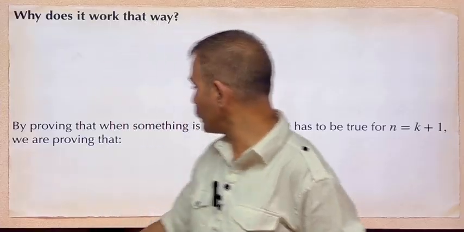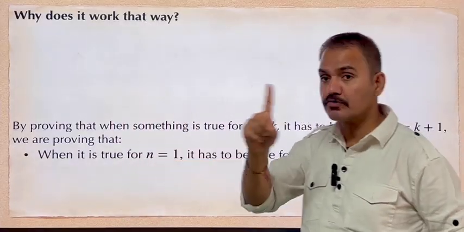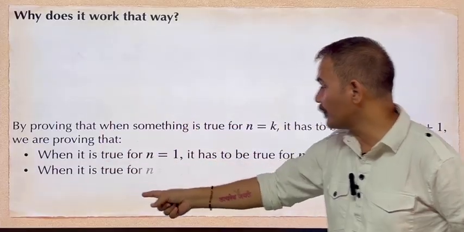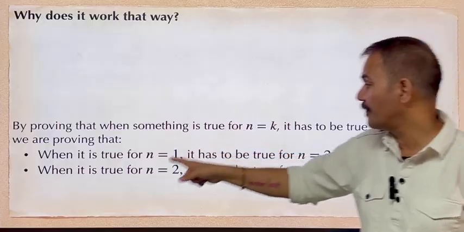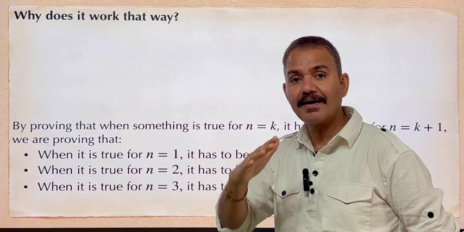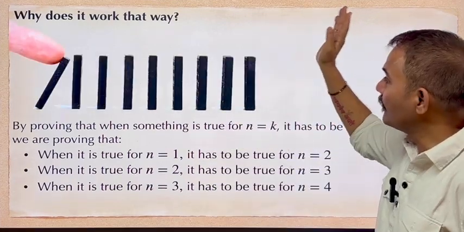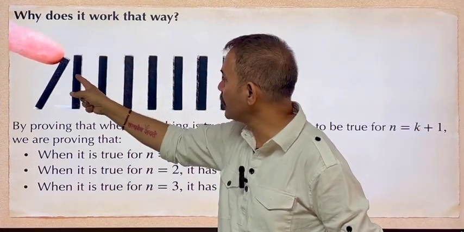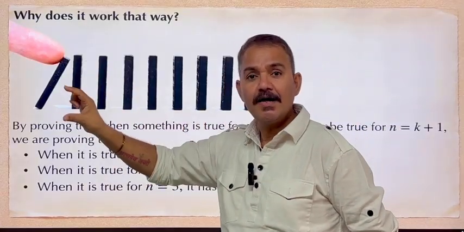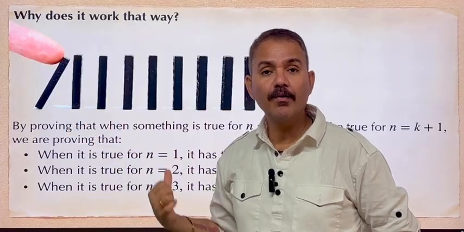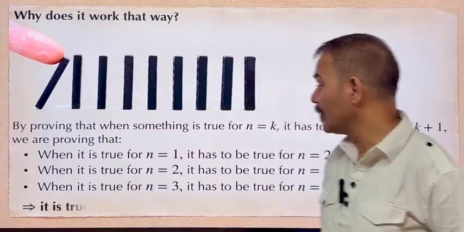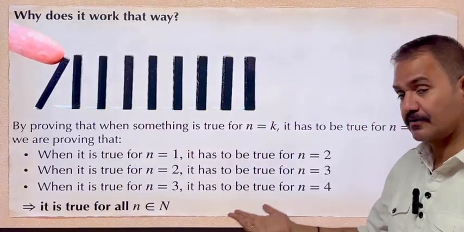If you are able to prove this, you are proving that when it is true for 1, it has to be true for the next number, that is 2. If it is true for 2, it has to be true for 3. If it is true for 3, it has to be true for 4. So in this process, what is happening? It's like the domino effect. If it is true for 1, it is true for 2. True for this, true for the next. True for this, true for the next. So in this process, the formula becomes true for each value of n. And that's how the principle of mathematical induction works.